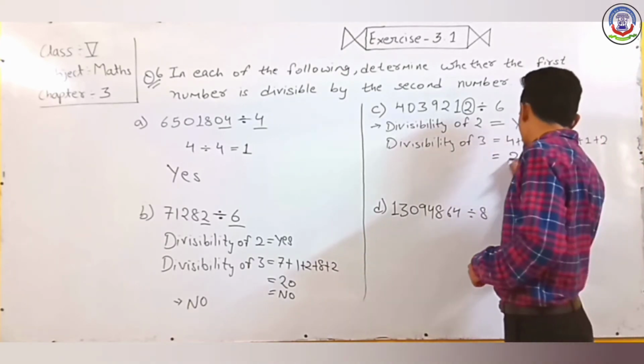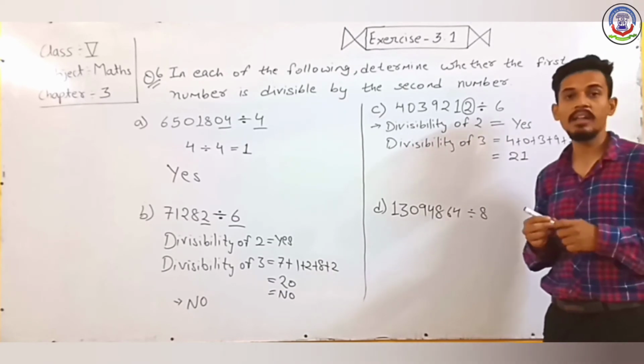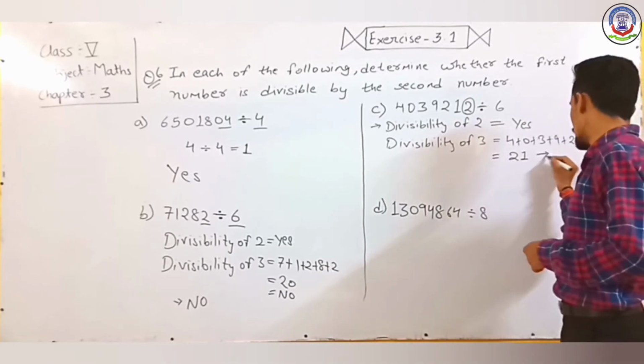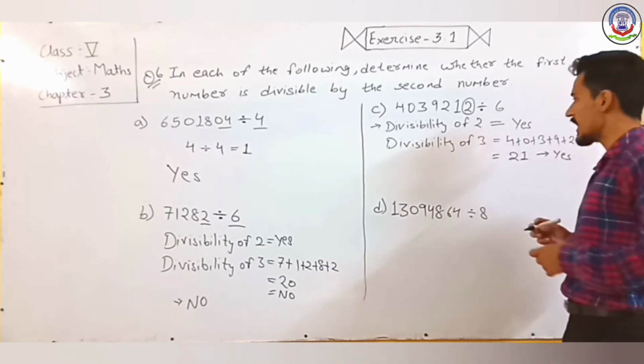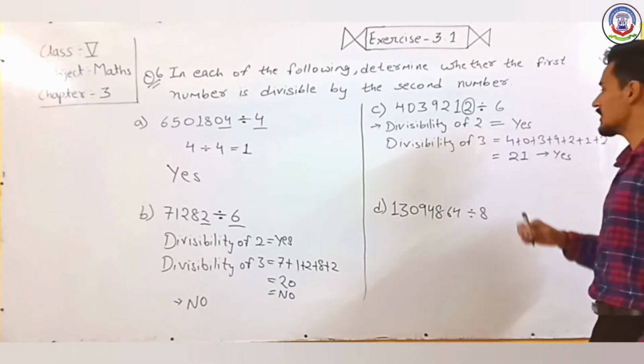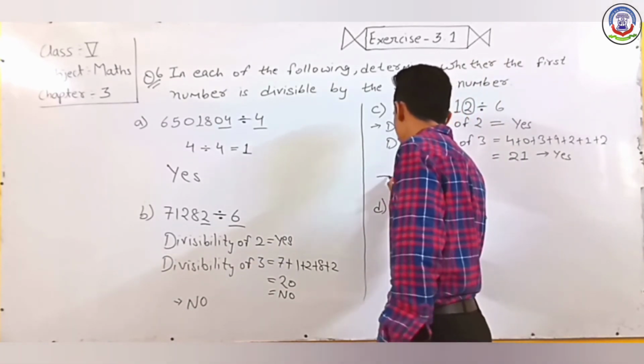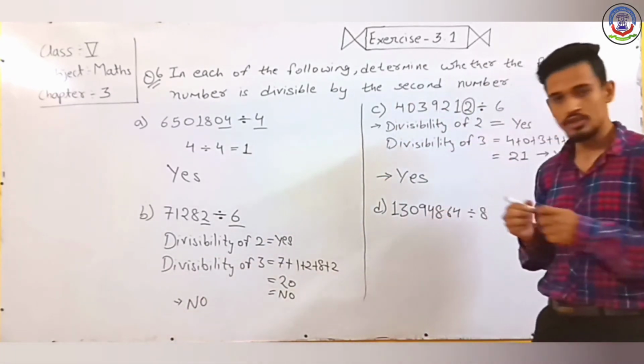So we get 21, and 21 is divisible by 3. So it is also yes. Now divisible by 2 is yes, divisible by 3 is yes. So this original number is divisible by 6 also.